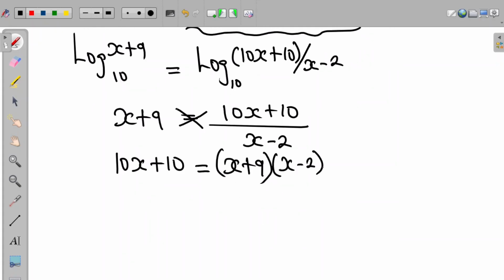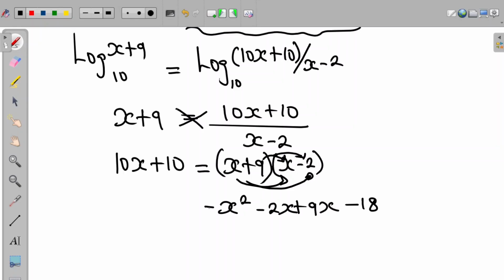So we have that x times x is x squared. x times negative 2 is negative 2x. 9 times x is 9x. And 9 times negative 2 is minus 18.